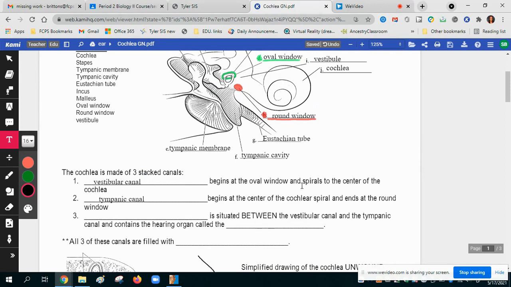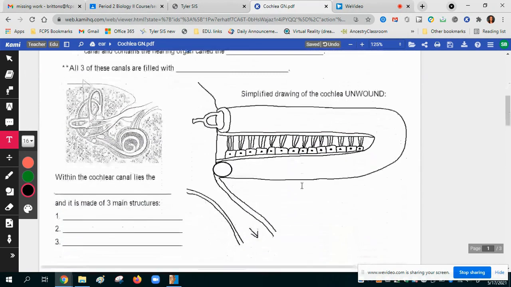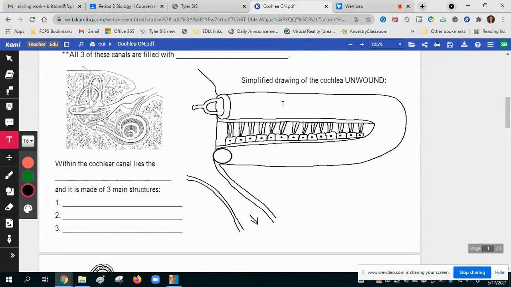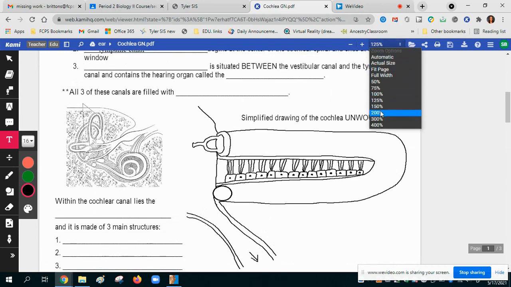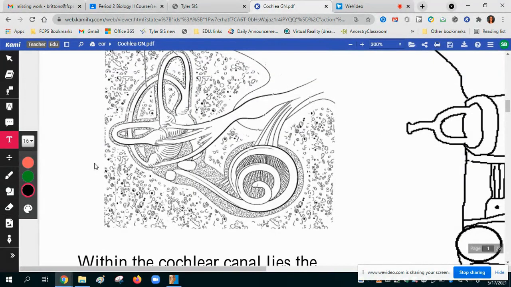So I'll show you what's going on down here in our simplified drawing, but let me explain what we're looking at here. So here's sort of an image that allows us to see inside this cochlea. And if we zoom in, I'm going to use my colors again to represent my oval window and my round window.